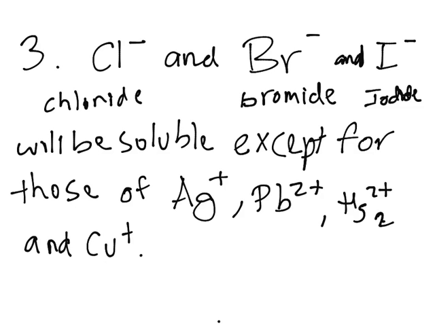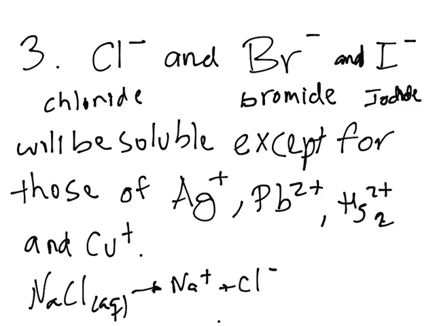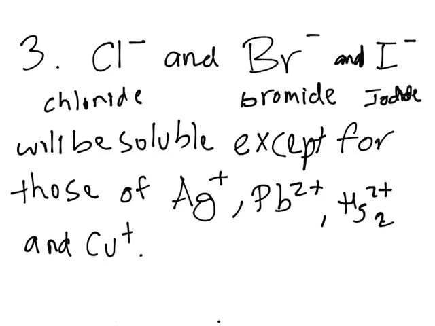NaCl. It has that chloride, and because of the NaCl and the chloride, this will be aqueous. That means it will dissociate into its ions. However, let's say you have silver chloride, and I think it's a solid.